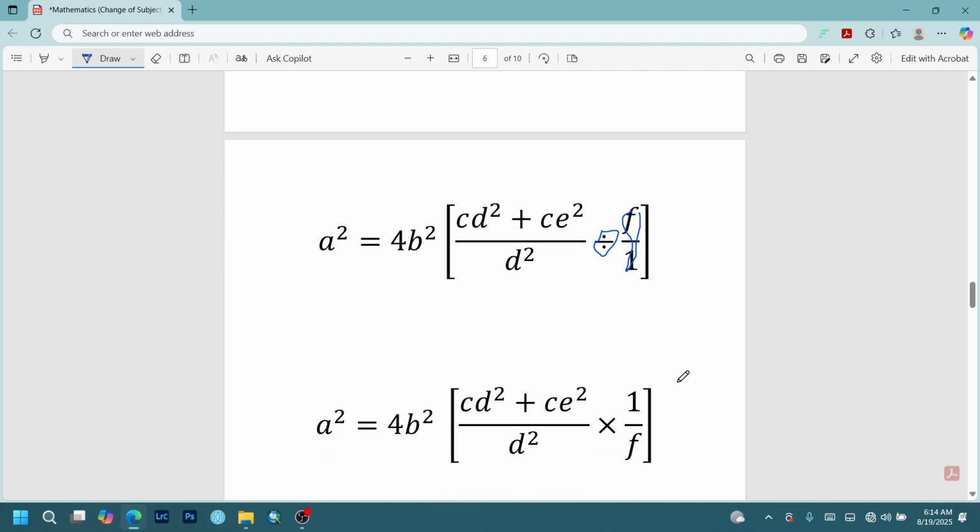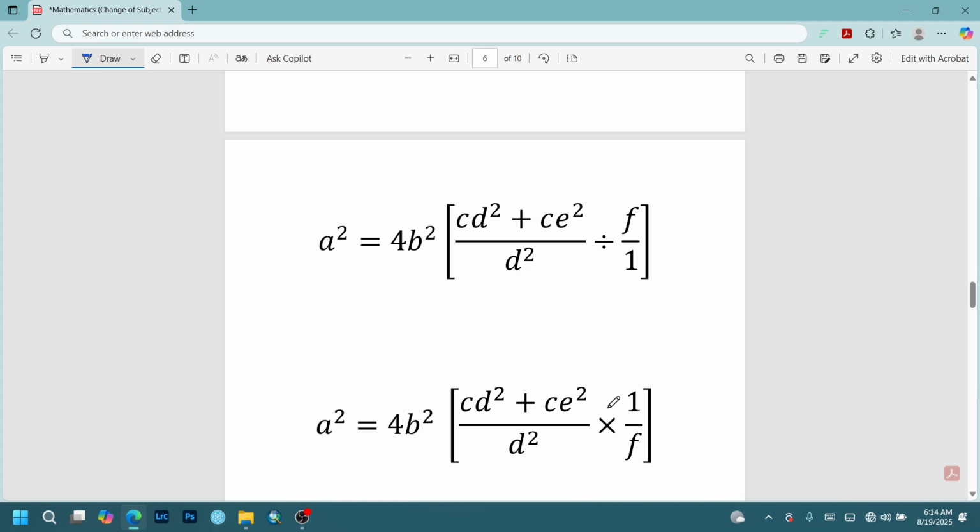So we have our new equation. Have a clear look at it: a² = 4b² multiplying the fraction (cd² + ce²)/d² times 1/f.